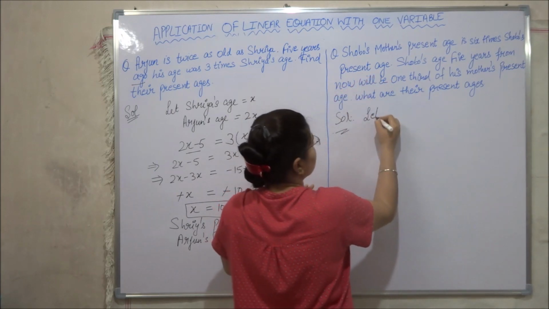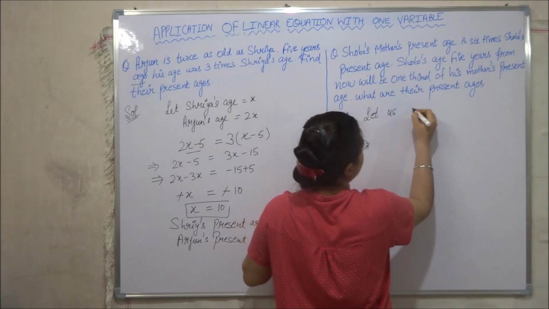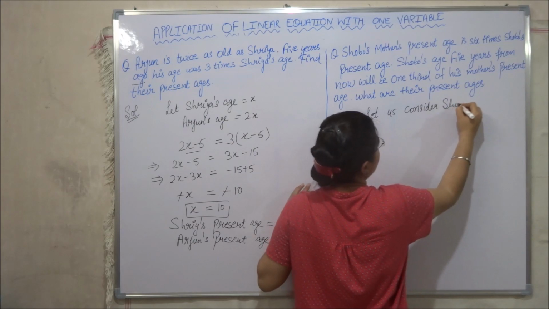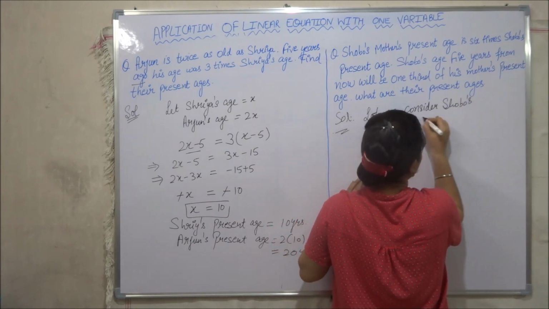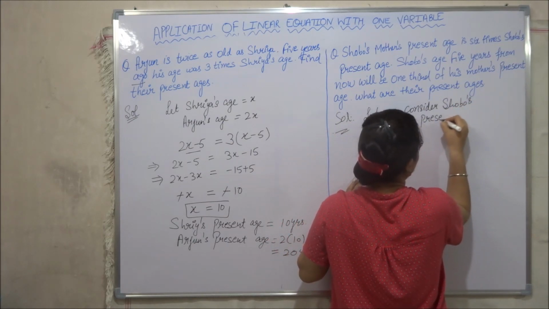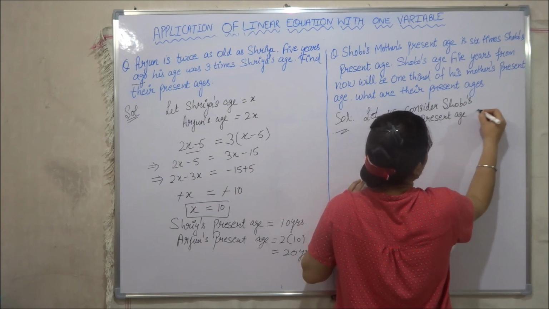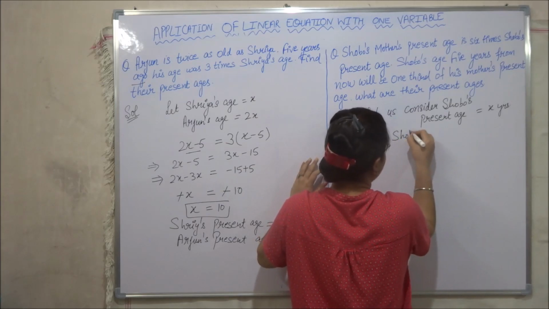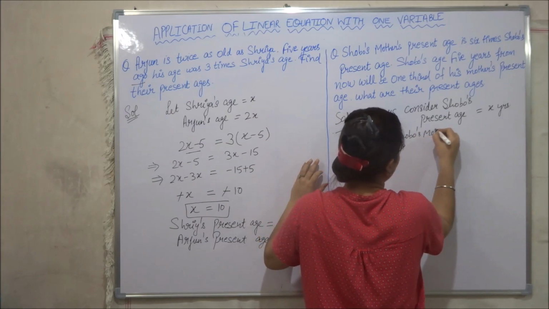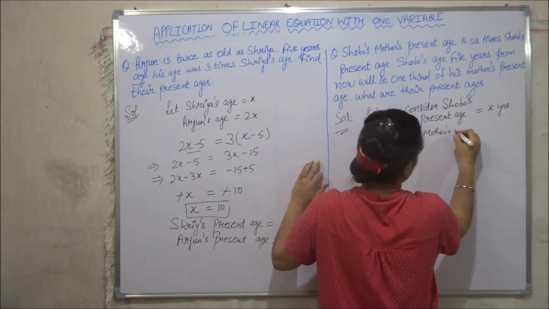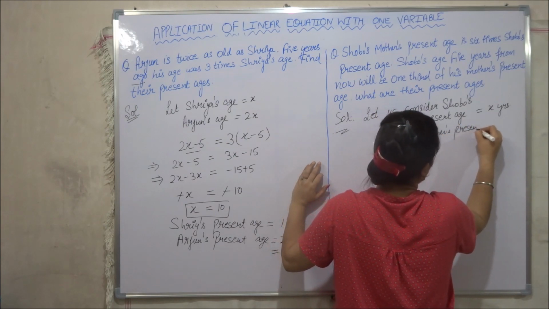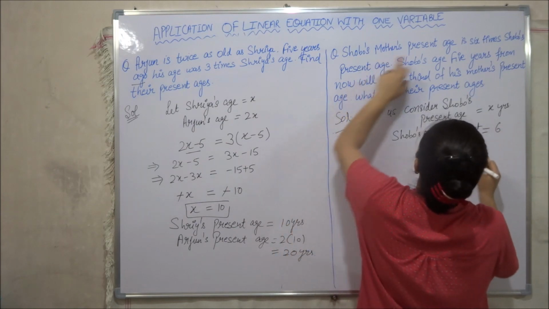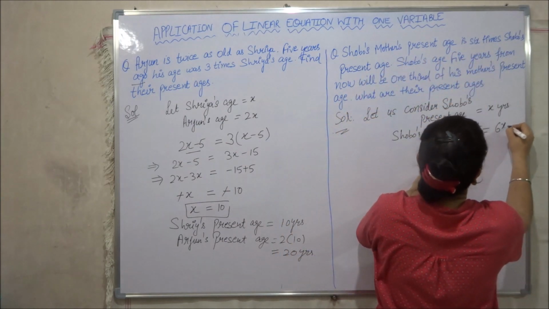So let us suppose Shobho's present age equal to x years. So Shobho's mother's present age will be 6 times Shobho's present age.